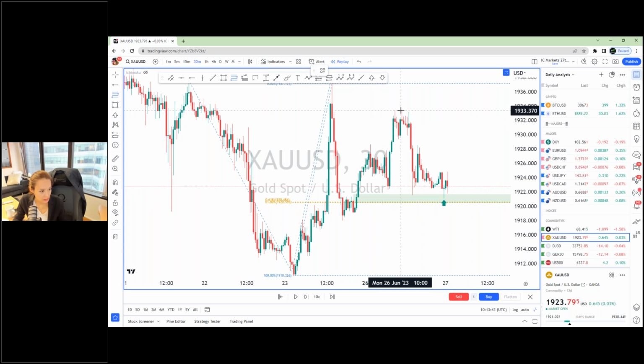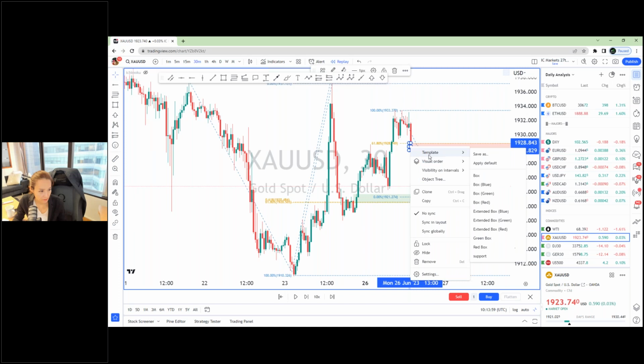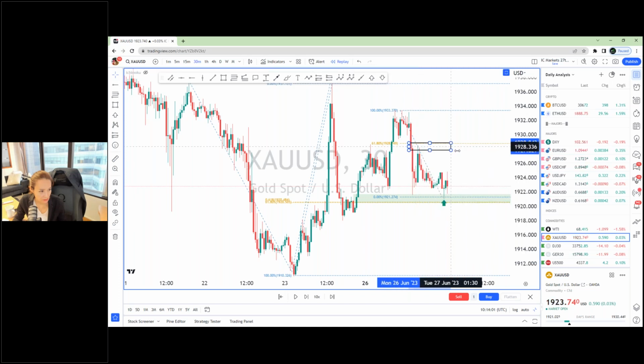Based on my eyes, this is the area that I will watch out for, because it slightly has the price zone here. This could be my TP, like this zone.